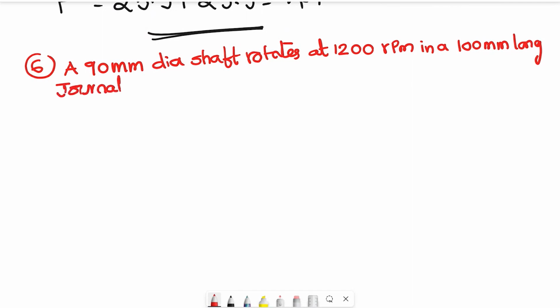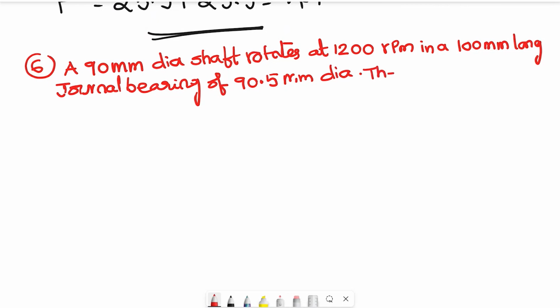Why I am giving these problems is only to show you where this application comes. Journal bearing of 90.5 mm diameter.